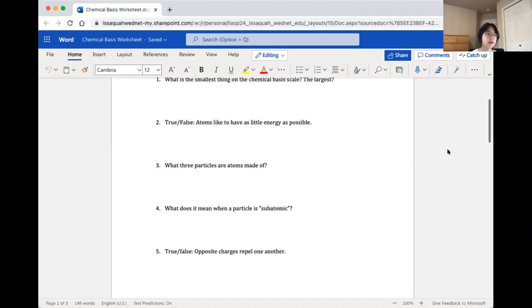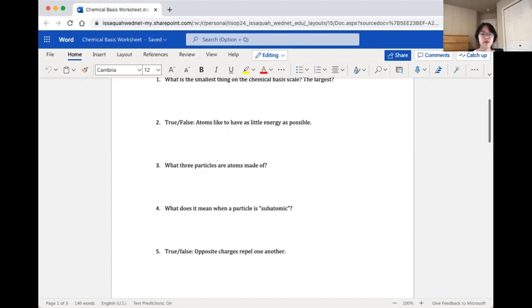And fourthly, what does it mean when a particle is subatomic? I'll give you guys a hint on this one because it seems like some of you are having a little bit of trouble. Sub is a Greek prefix meaning below, so it basically means below atomic.